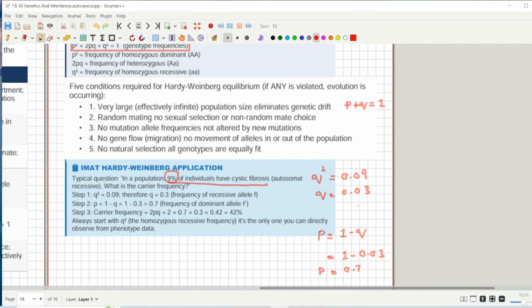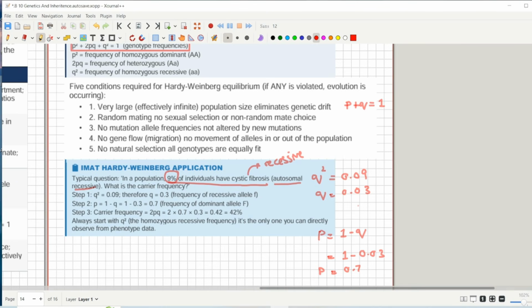Okay. So next, I said the question didn't mention that cystic fibrosis is recessive. The examiner in IMAT will obviously tell you if the disease is recessive or not. Oh sorry, it was actually told in the question here. I didn't read it, sorry about that. So cystic fibrosis is autosomal recessive.